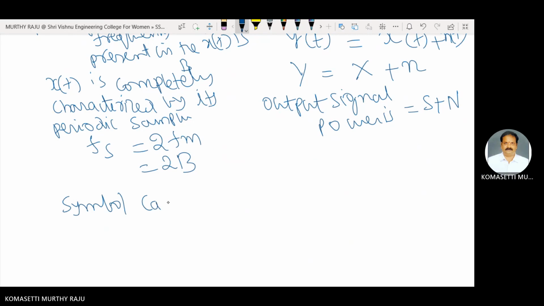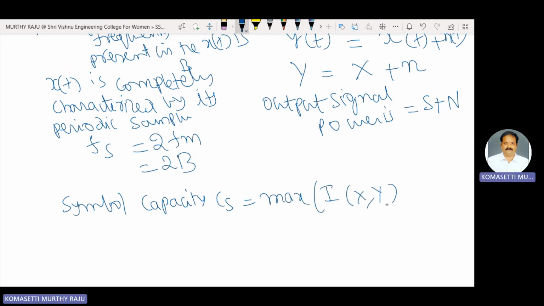Symbol capacity is represented by CS is equal to maximum of I of x comma y bits per sample. In this case, the symbols are nothing but samples, bits per sample.